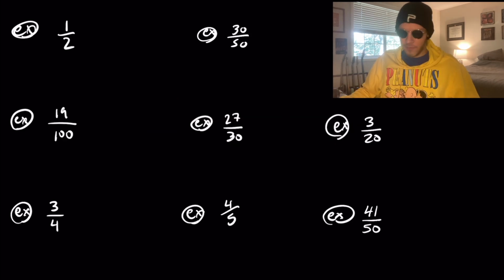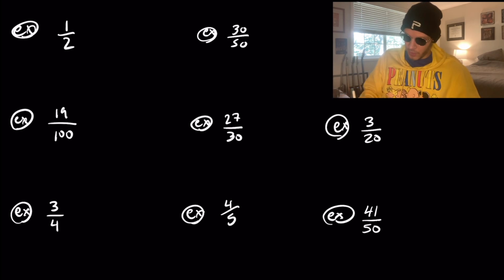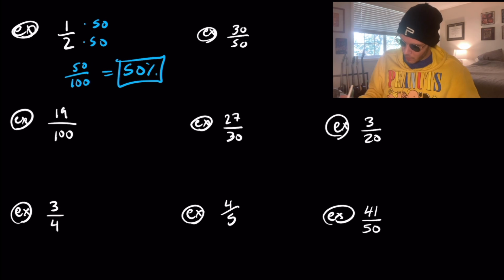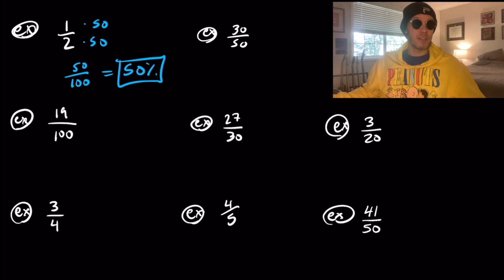All right, 1/2 first. That's already simplified. What number times 2 is going to give me 100? Well, that's going to be 50. So I'll multiply the top and bottom number by 50. That's going to give me 50 out of 100, or 50%. 19 out of 100, that's already done for us.